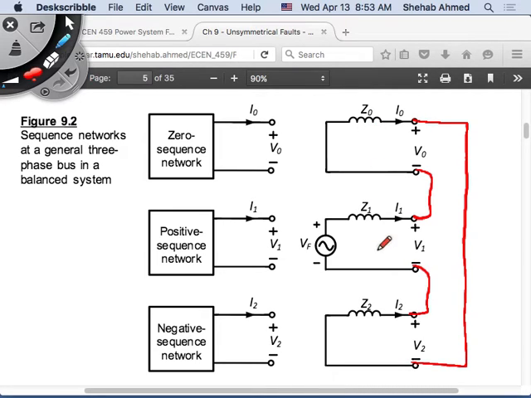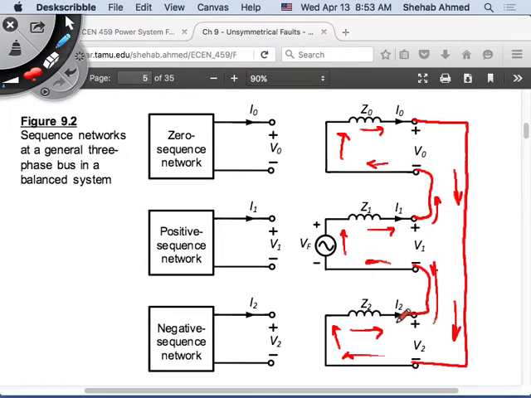I will. The current will flow out of the source through here, back to the source. Right? So now I know my zero sequence current, because this is my zero sequence current.